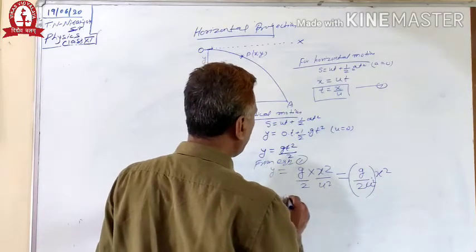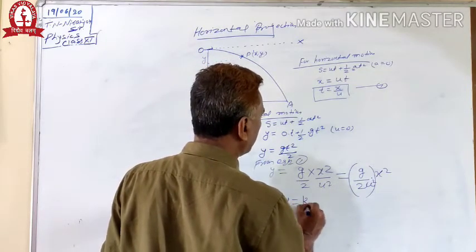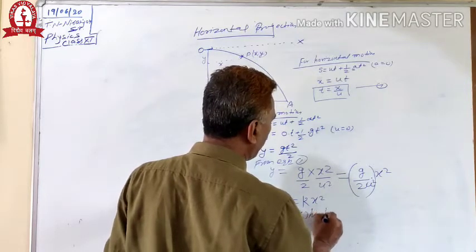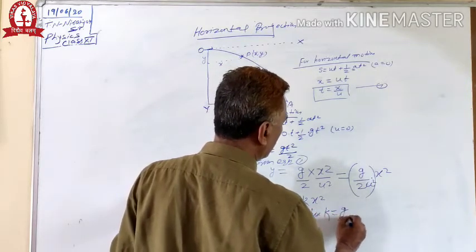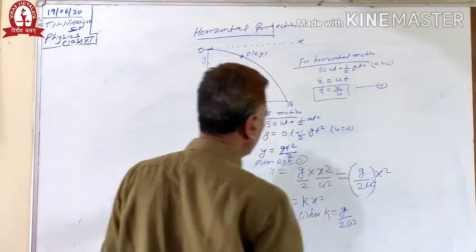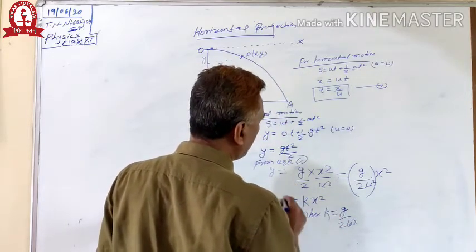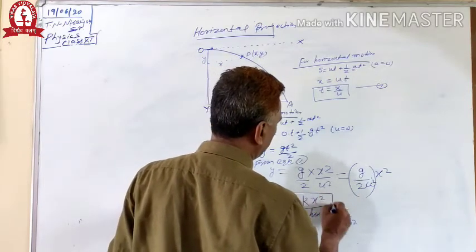So if I write it like this, y = kx², where k is a constant equal to g/2u². We have considered k as constant. Now y = kx².